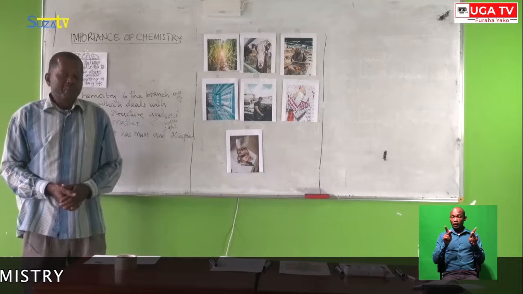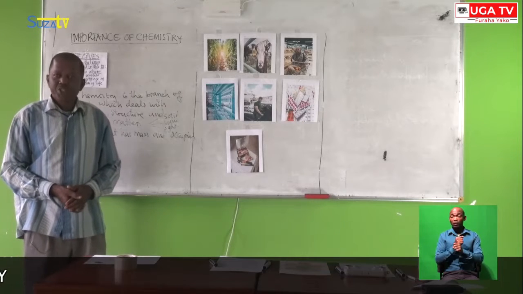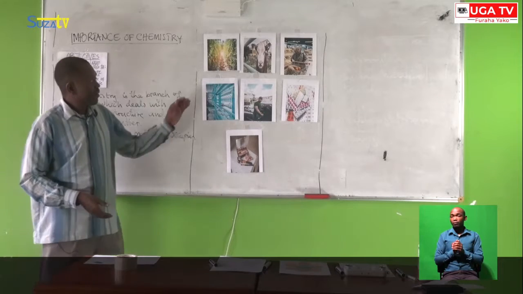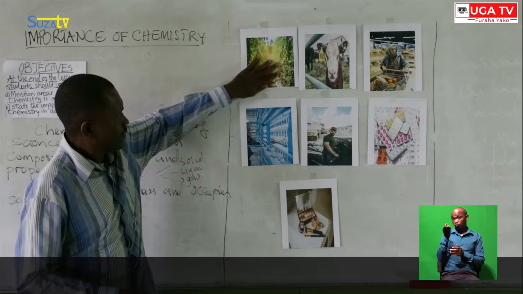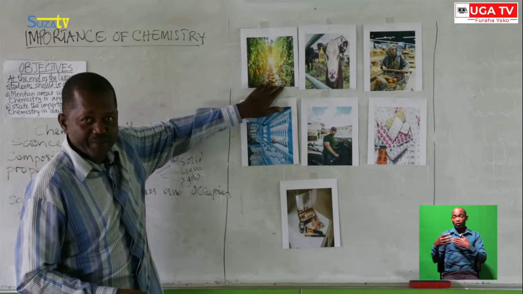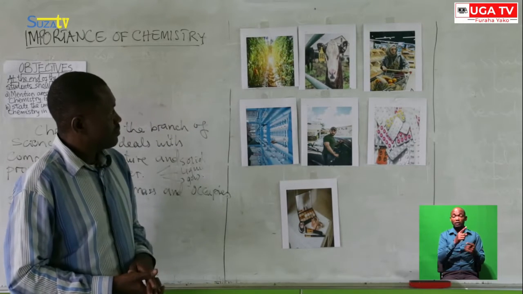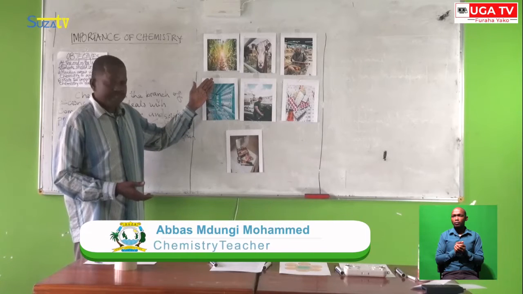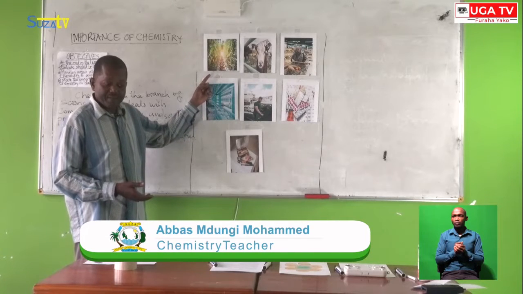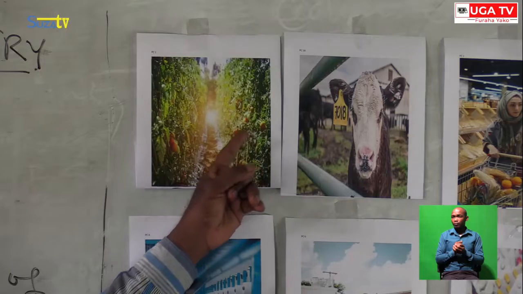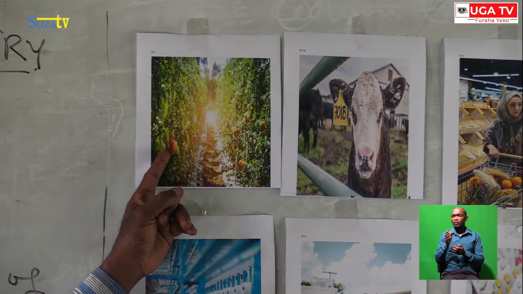Okay, here we have some pictures. Let's have a look closely at the first picture. What can you see? Okay, here, some plants. What does the reddish color represent?